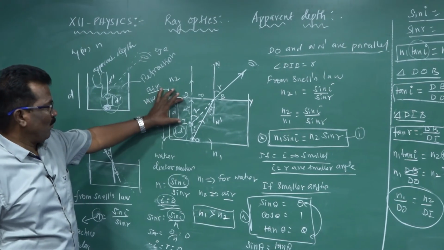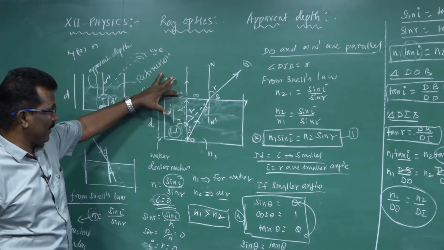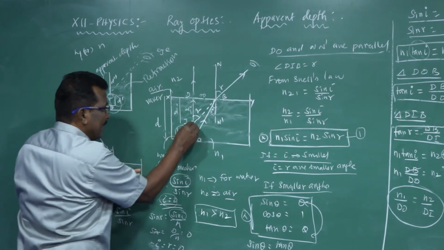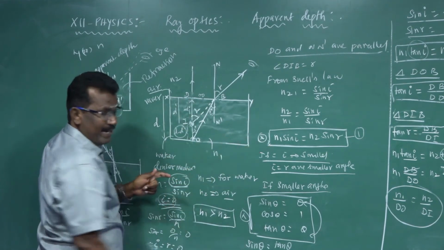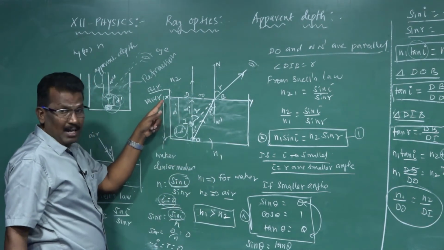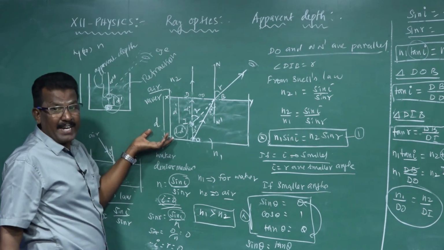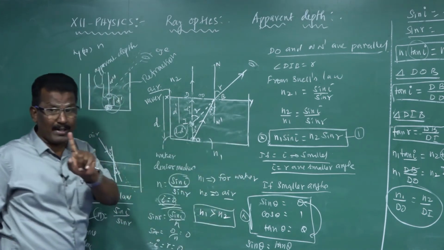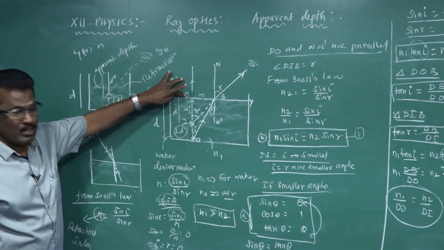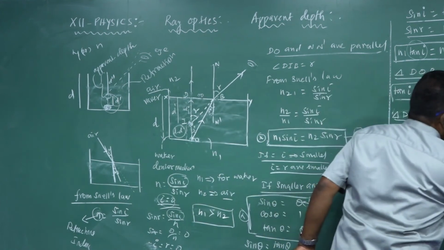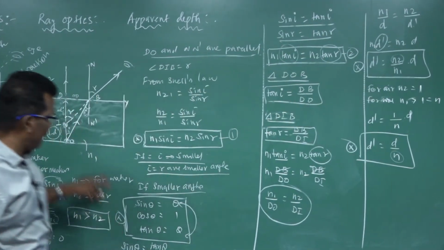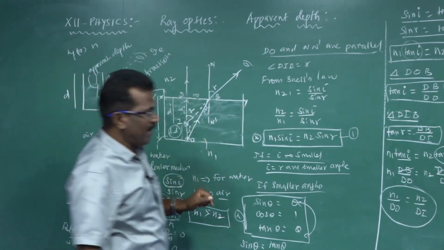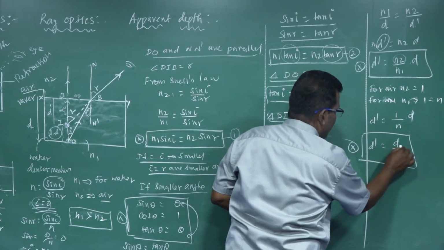If we want to find the distance of the object from the surface between the rarer and denser medium, the height is D by n: original depth divided by refractive index. If water is not placed, the height would be the original, because n is equal to 1, the refractive index of air. So D is equal to D prime. There is no apparent depth. So apparent depth can be calculated: D prime is equal to D by n.